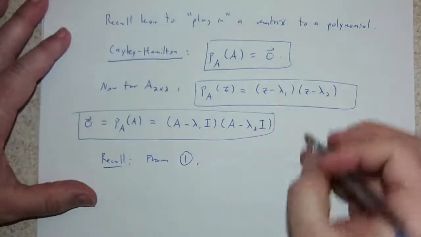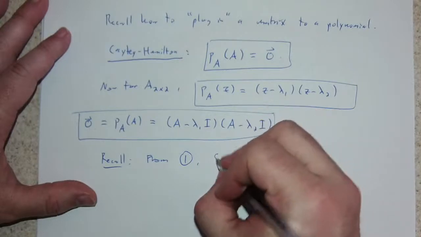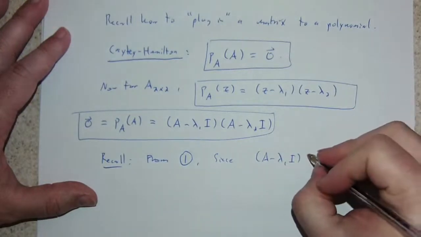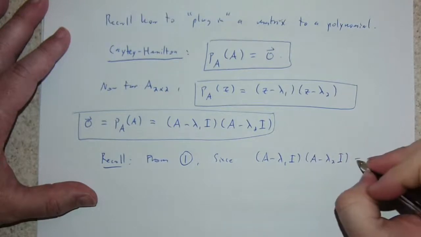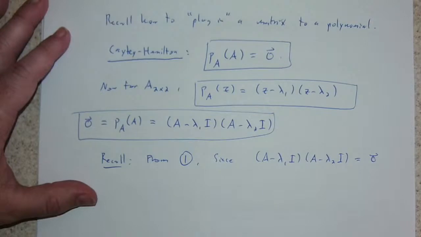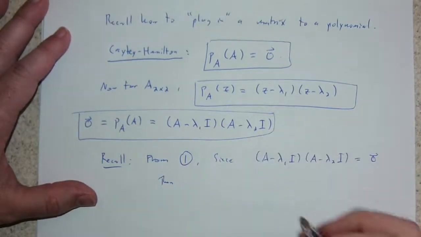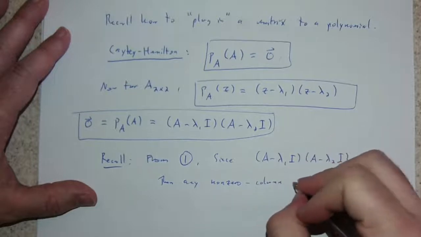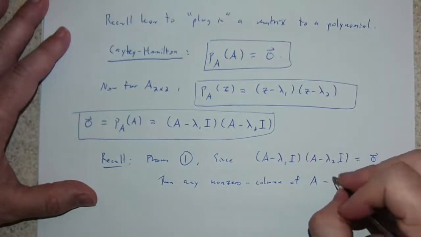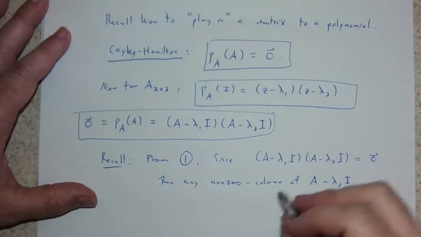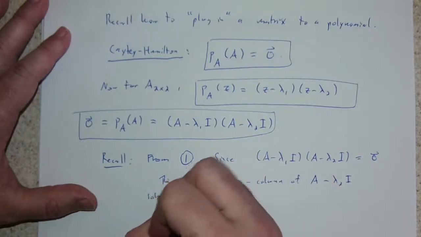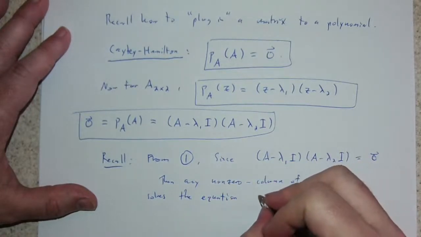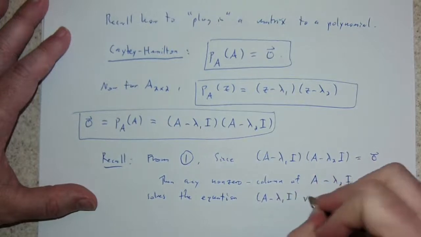But since A minus lambda 1 I, whatever that is, times A minus lambda 2 I is equal to the 0 vector, then any non-zero column of A minus lambda 2 I solves the equation A minus lambda 1 I times V is equal to 0.